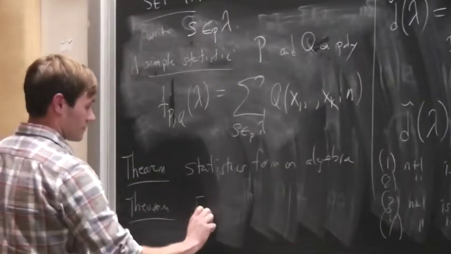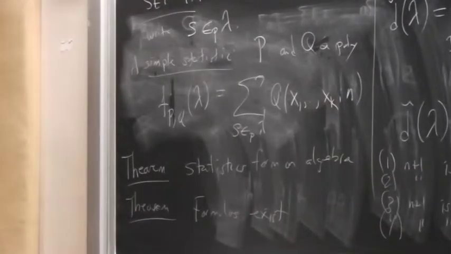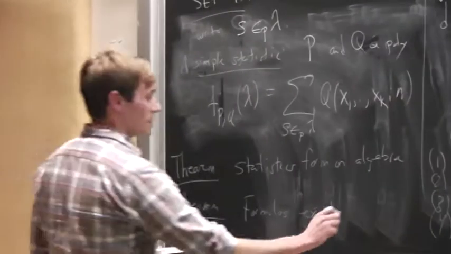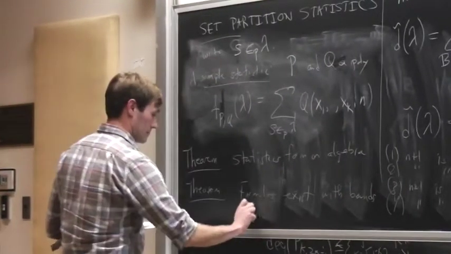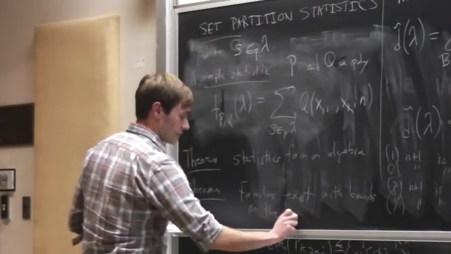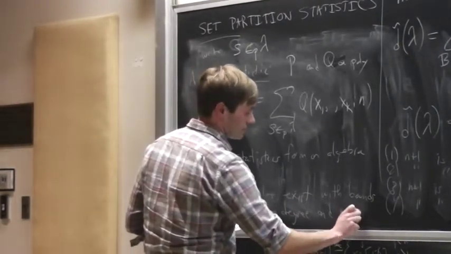And then the second theorem is that formulas always exist, and you can bound them with bounds on the degree, of the same form with the shifted Bell number. Degree and range of summation.